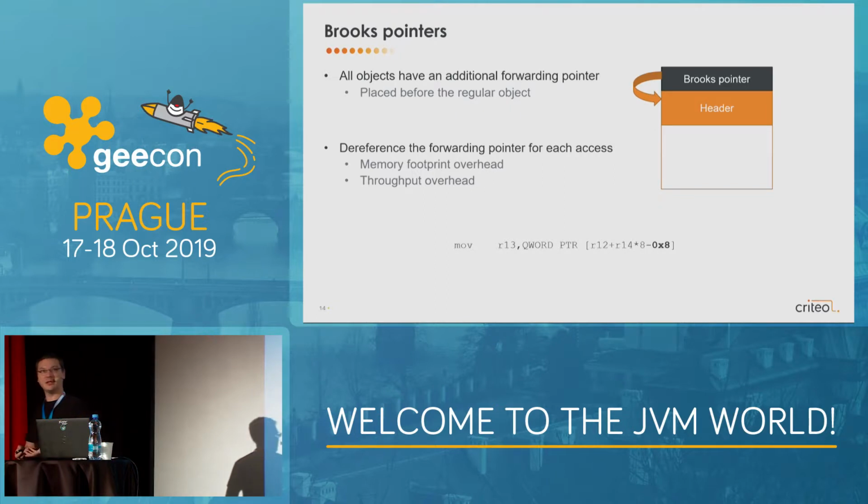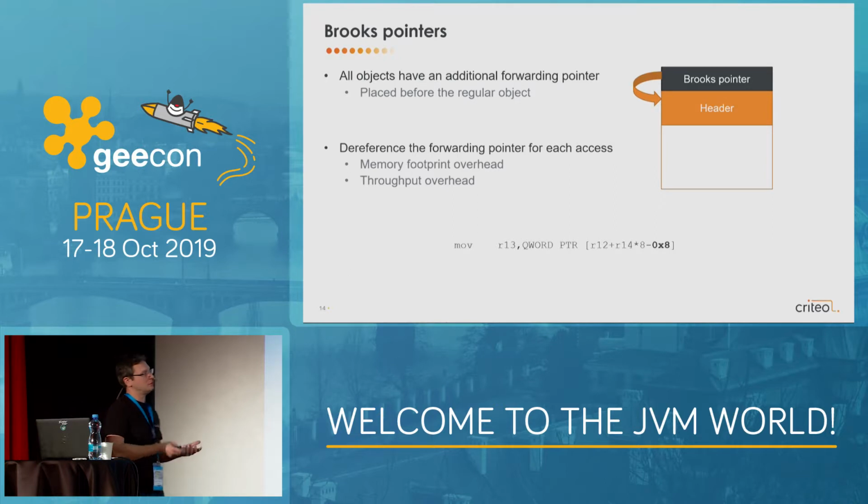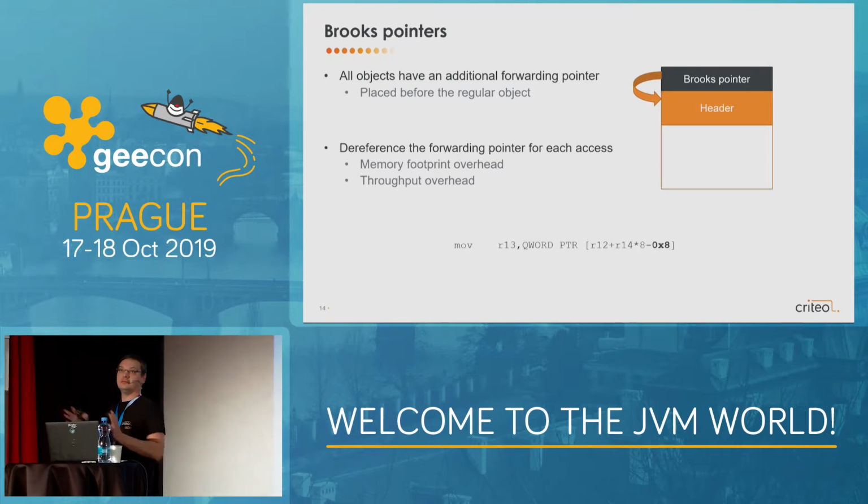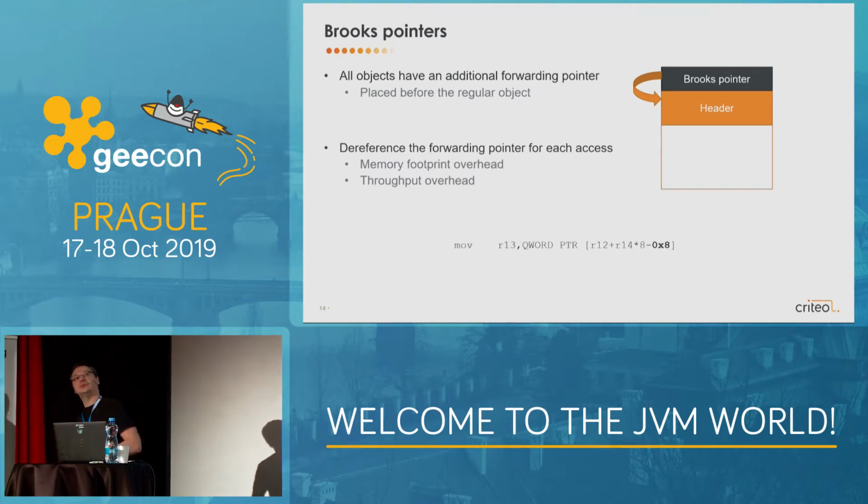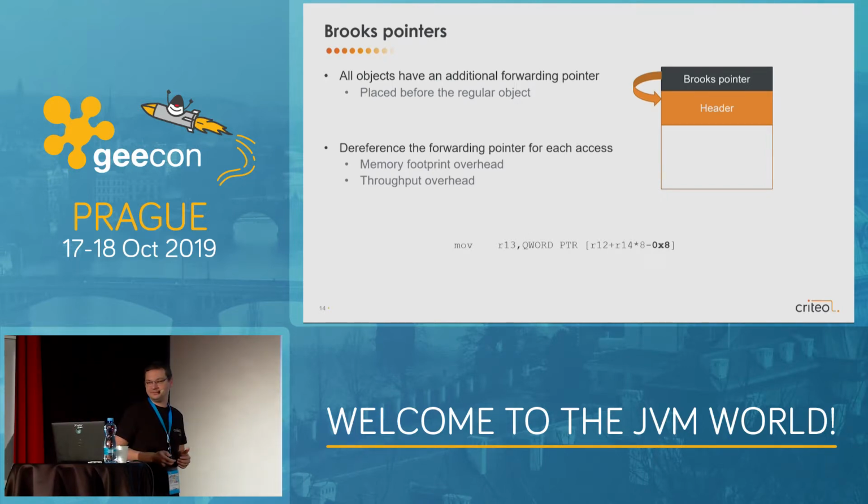So each time you access one of the fields of the object, we need to go through this Brooks pointer, because maybe the object has moved, and then we need to access it at the new location.